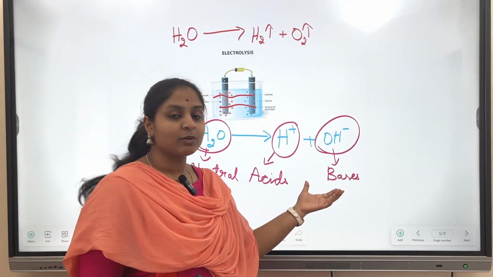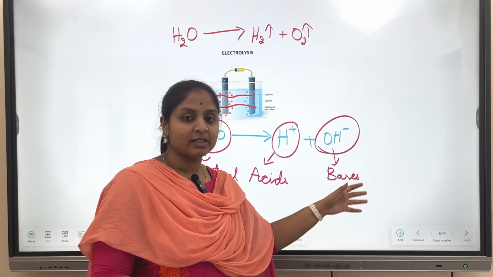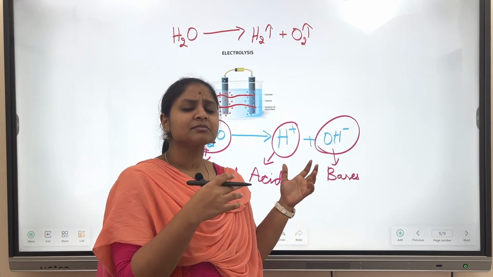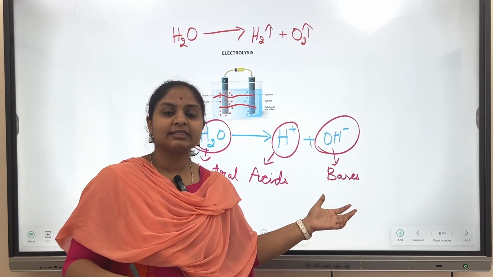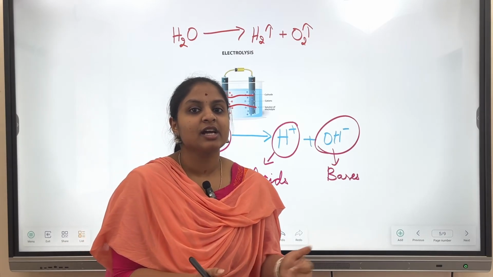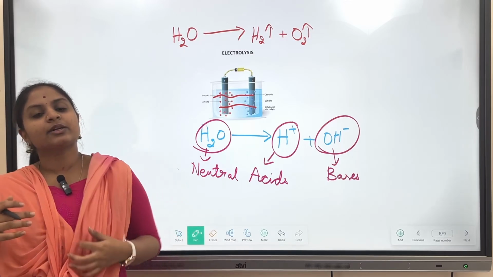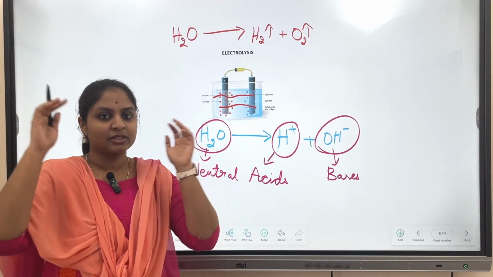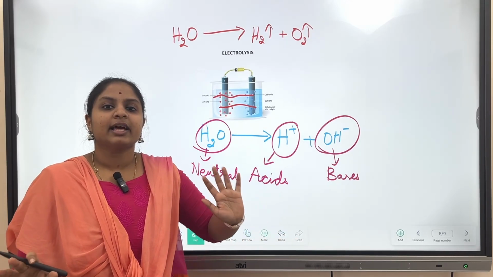They are the ones which will give OH minus ions, and these OH minus ions will react with others to form compounds. So bases are very soapy in nature. And the third type is neutral. Neutral is like water. So it will give both H plus and OH minus ions equally, and they will not make you feel anything.